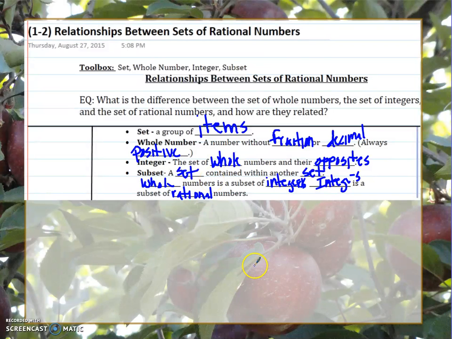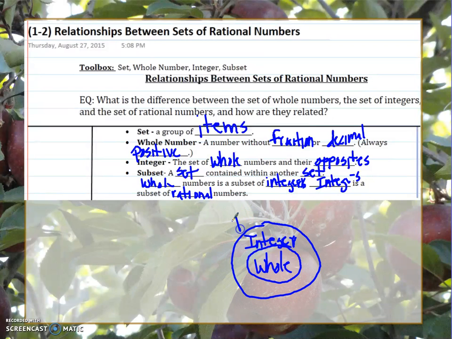If you remember, we have whole, we have integer, and we have rational. Every whole number is a whole number, an integer, and a rational.